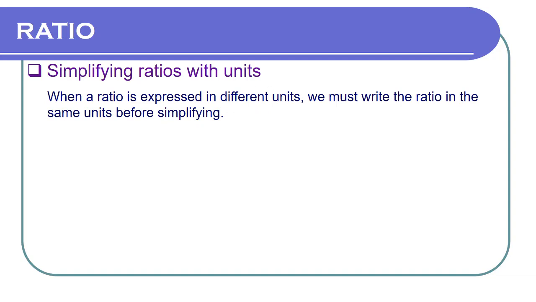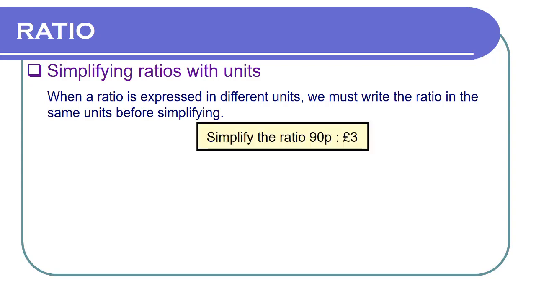What about simplifying ratios with different units? If the ratio has different units, then we need to change them to the same units. For example, simplify the ratio of 90 pence to 3 pounds sterling.